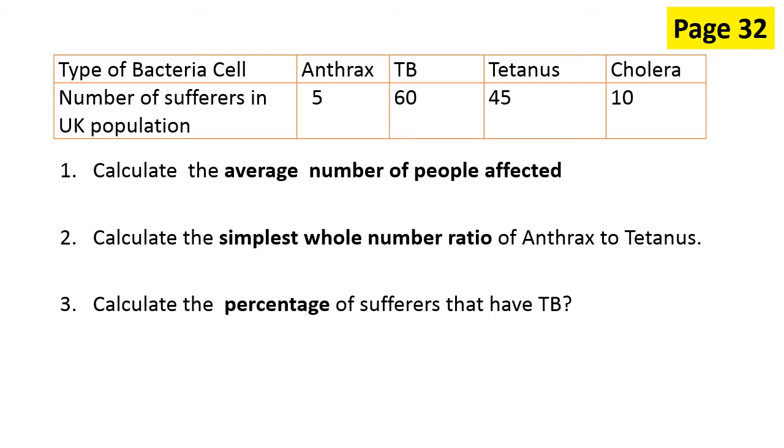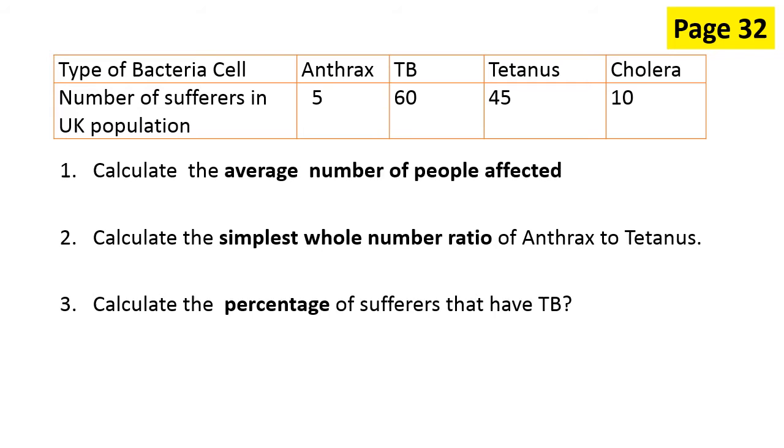So for questions 1 and 3, definitely we need to figure out the total number of people affected. We're looking at an average, and an average is always the number that we're looking at divided by the total. If we're looking at the average number of people affected, all we have to do is add up each of the groups.